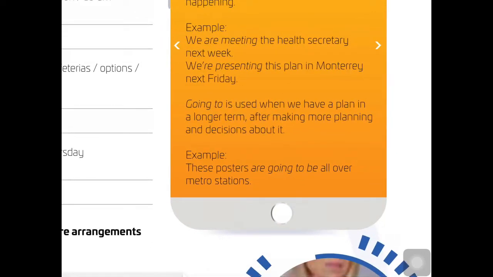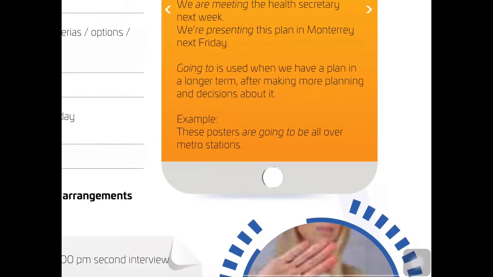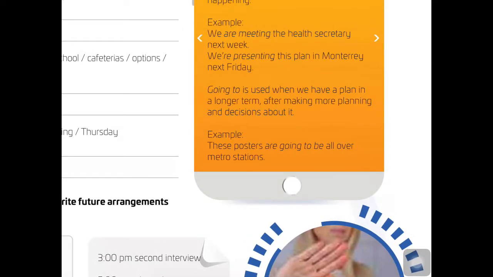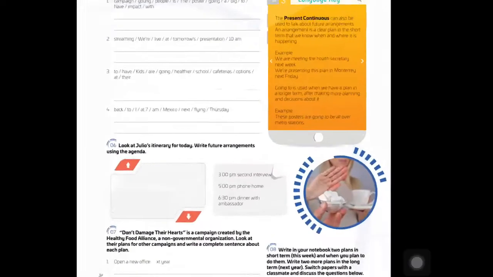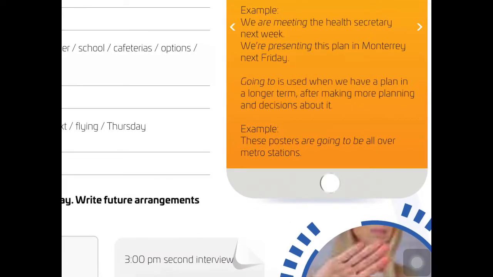Going to is used when we have a plan in a longer term after making more planning and decisions about it. Example, these posters are going to be all over metro stations. This is going to happen in the future also. But this needs more planning, more decisions.